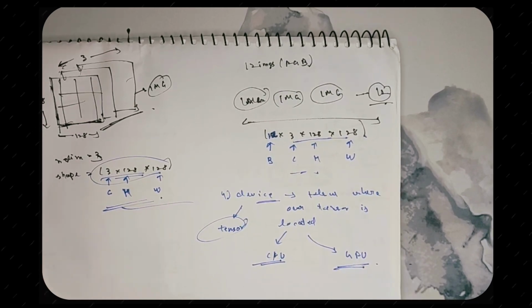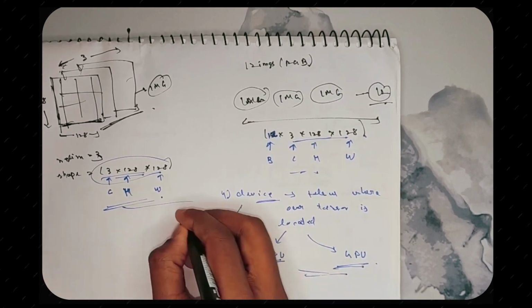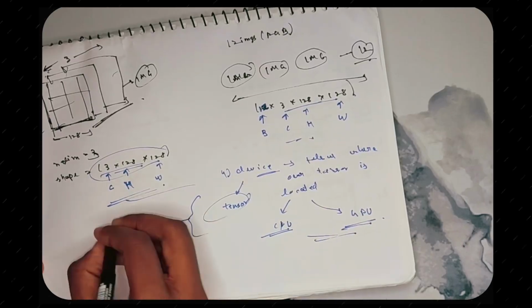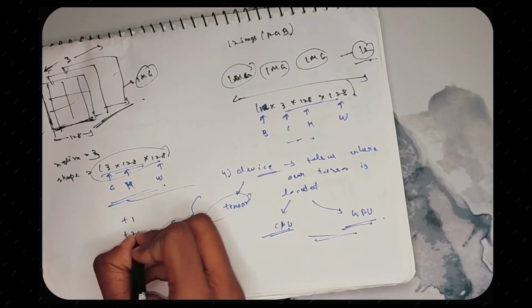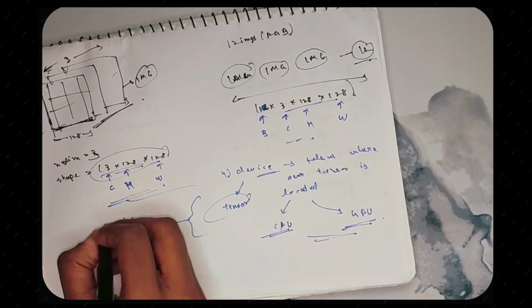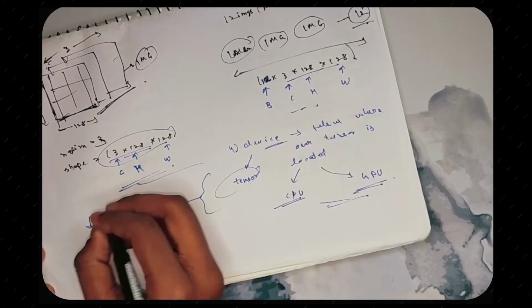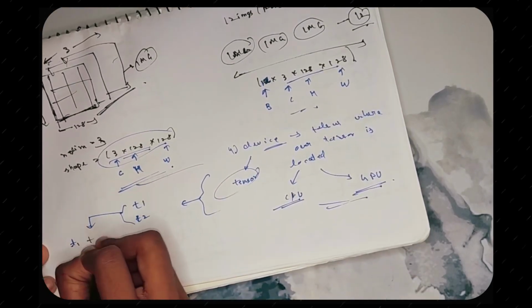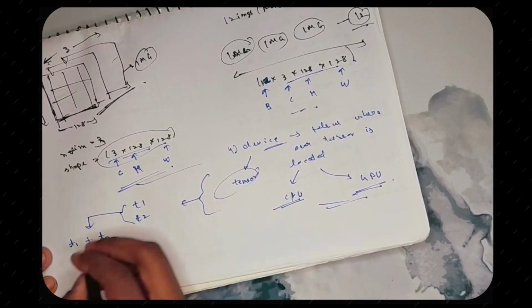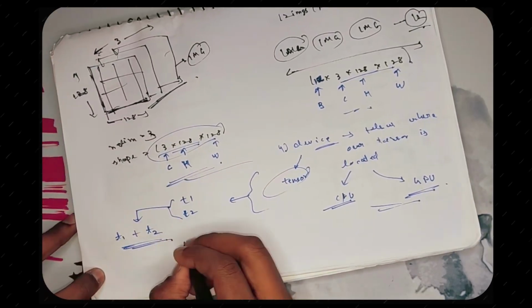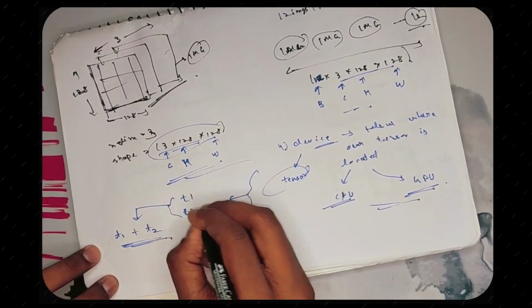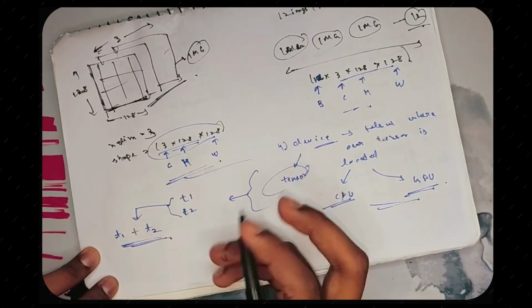And this is very important because suppose we have 2 tensors, T1 and T2. For these 2 tensors to participate in a tensor based operation with each other, let's say the operation is T1 plus T2, these both tensors need to be on the same device.